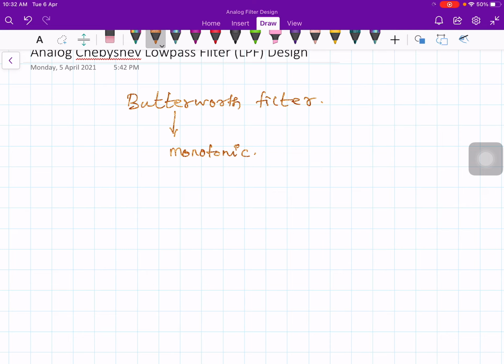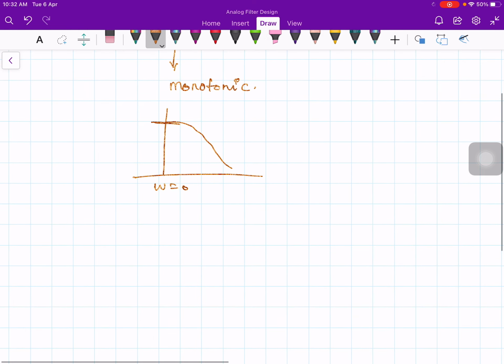So it is maximally flat at omega equal to 0, and its asymptotic slope is 6n dB per octave, or we can say 20n dB per decade.